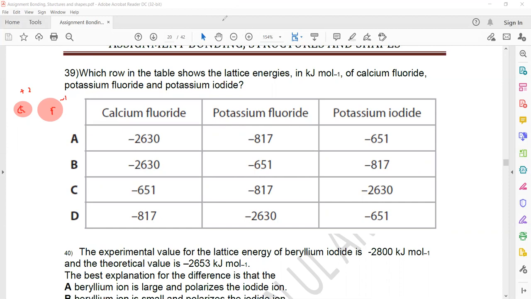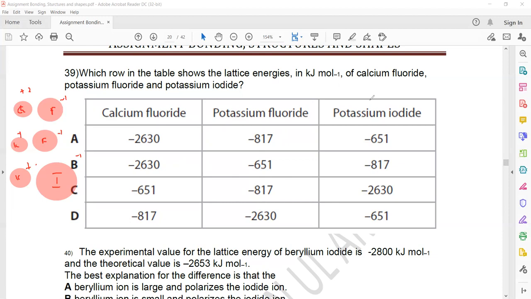Then followed by potassium fluoride, because we are talking about lattice energy. Potassium fluoride has a charge of +1 on potassium and -1 on fluorine, and the ions are closer. For potassium iodide, the charge is the same, but the sizes are larger, so the lattice energy will be smaller.